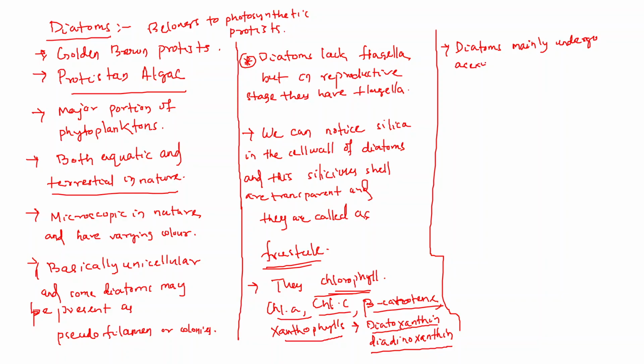Binary fission is the common type of asexual reproduction in diatoms.